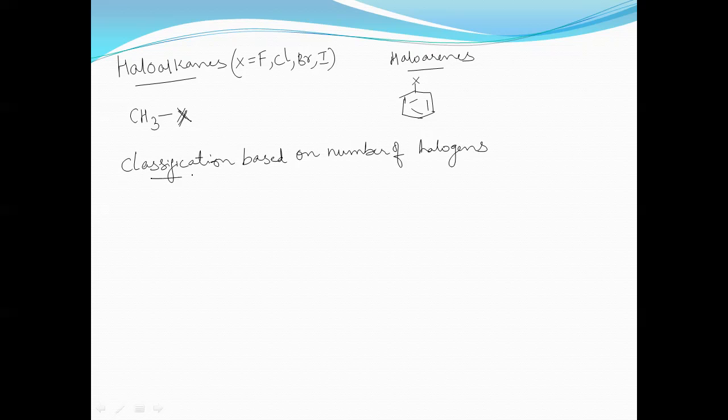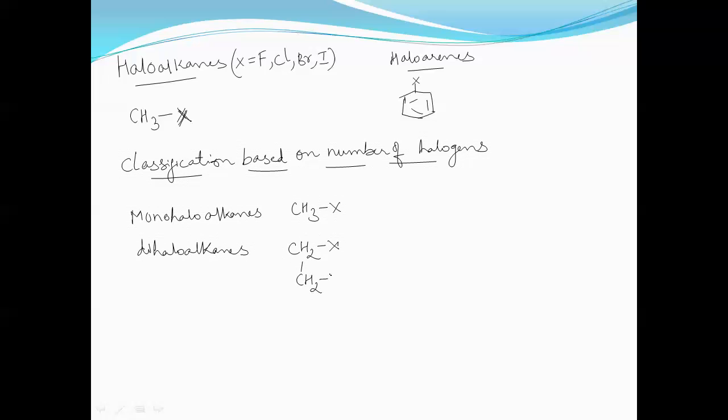Based on the number of halogens, haloalkanes can be classified as monohaloalkanes, where there is a single halogen present on the aliphatic chain, or dihaloalkanes, where there are two halogens present.